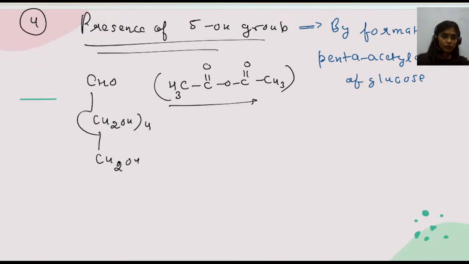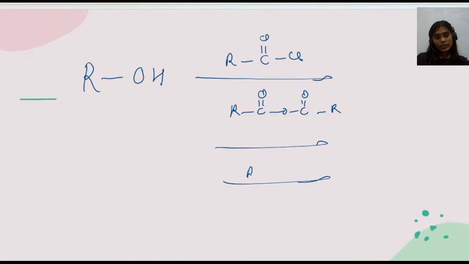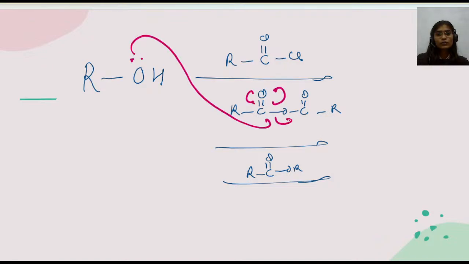Let me tell you one more time quickly. The reaction from the previous chapter: if you have an alcohol and you use an acid chloride, or an anhydride, or let's say an ester as well, RCOOR, what is happening is that the oxygen's lone pair simply attacks here, this bond opens and this bond closes, and this is going to leave.